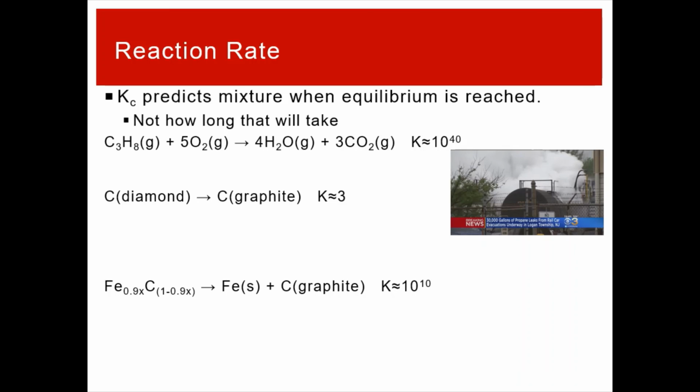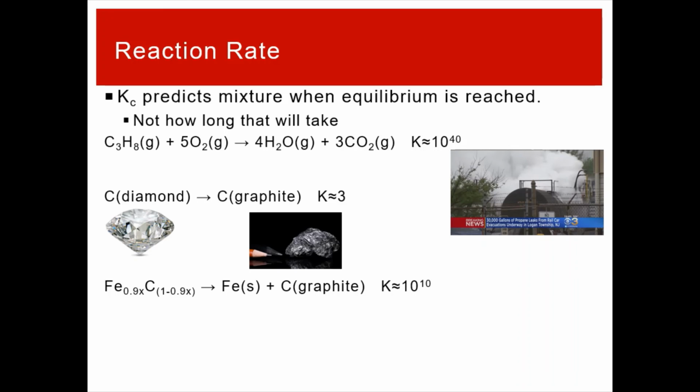But just because they should form doesn't mean they will, and doesn't mean they will form quickly. Carbon in its diamond form should become graphite. Both diamond and graphite are pure carbon, and so all diamonds should become graphite, right? That is the more stable process, the preferred reaction.